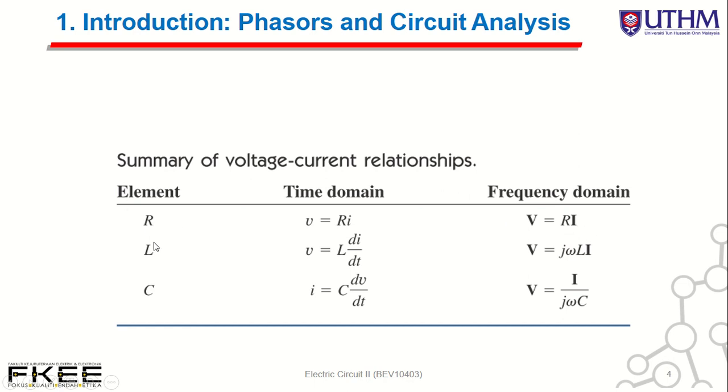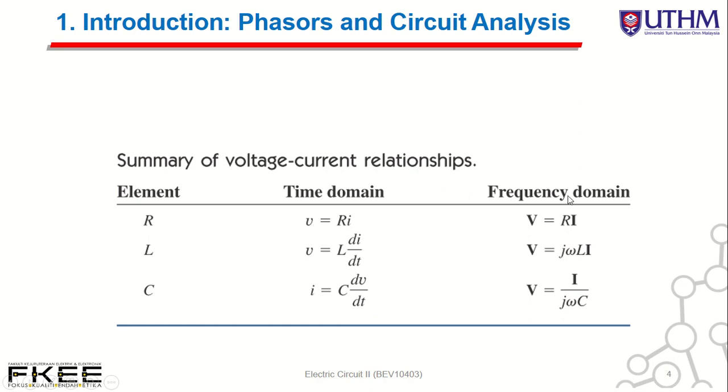For element L, the inductor, the voltage across L in time domain, I think we already discussed in chapter 1 or 2, is v equals L di over dt. In frequency domain, V equals j omega L times I, where j omega L is Z, the impedance of L. Similarly for C, the current i equals C dv over dt, so we need to differentiate v over dt.